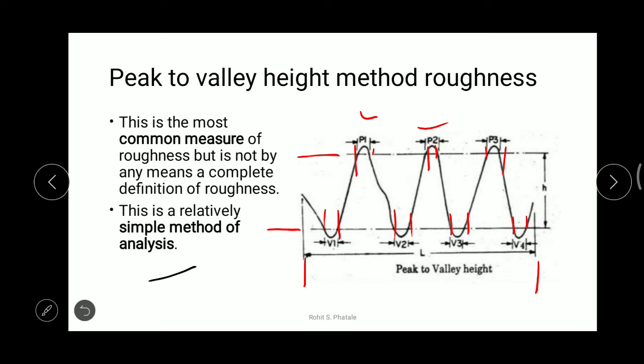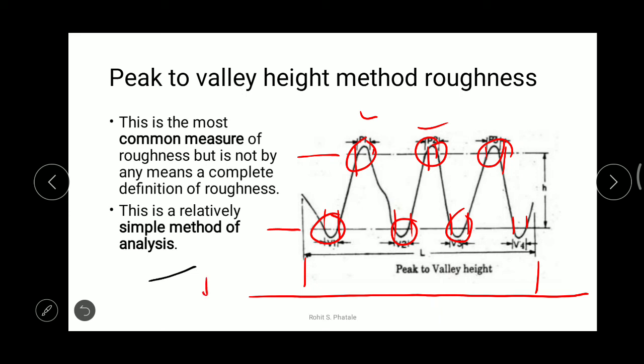Suppose this is the first point, this is the second point, again this is the third, fourth, fifth, sixth, and according to that we will take 10 points, and for those 10 points we will take the height from a reference line. So this is our reference line or datum line, and from this datum line we will take the heights: h1, h2, h3, h4, like that.